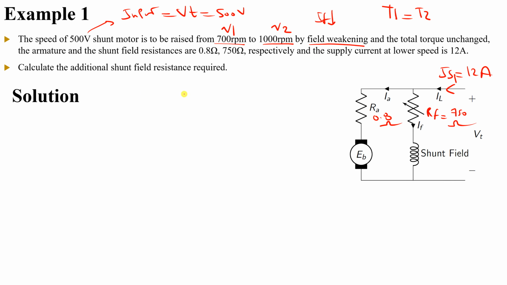Okay, so how can I get this? You can get it very easily. You know that we have two relations. We have E equals K phi omega and torque equals K phi I armature.